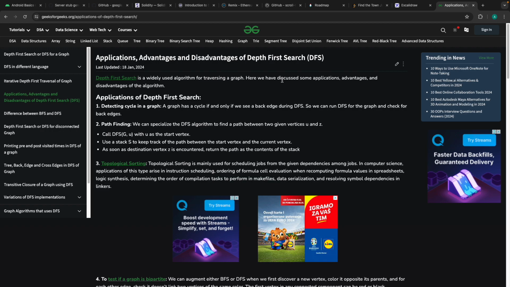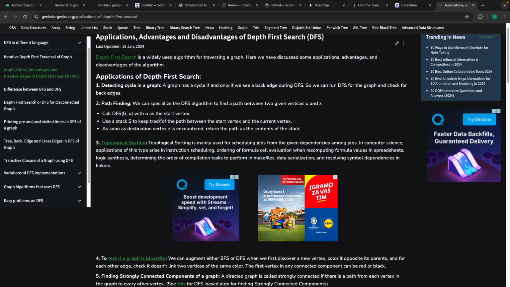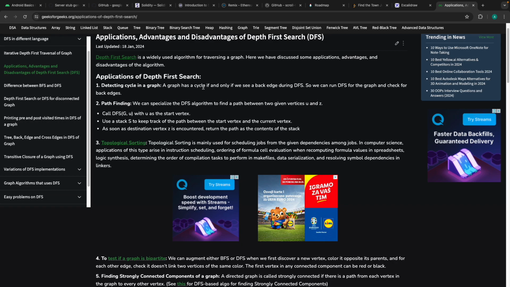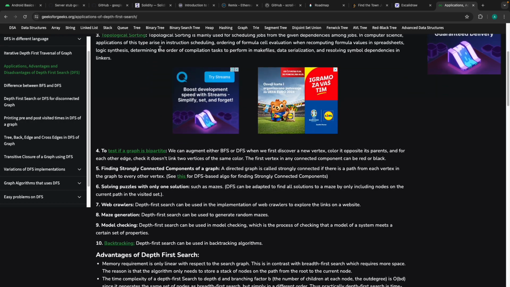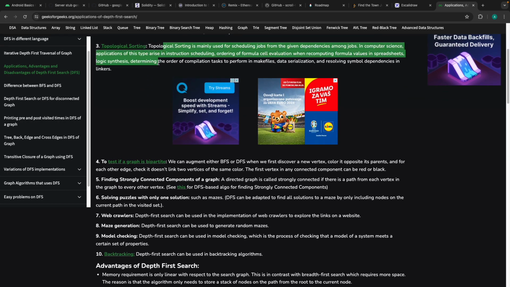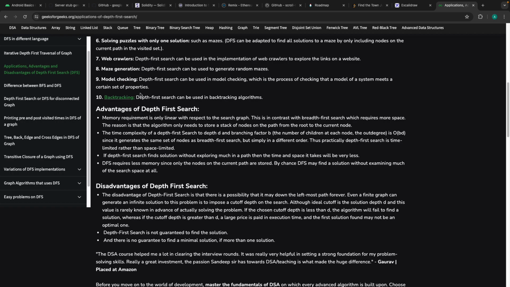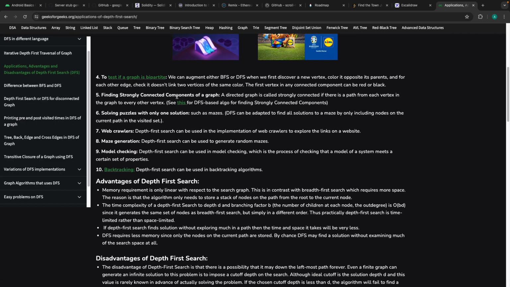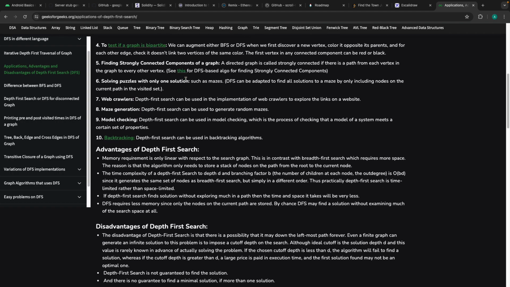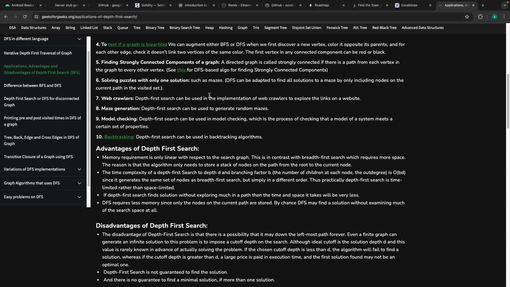Here we have discussed some applications. Pathfinding, topological sorting, to test if a graph is bipartite.